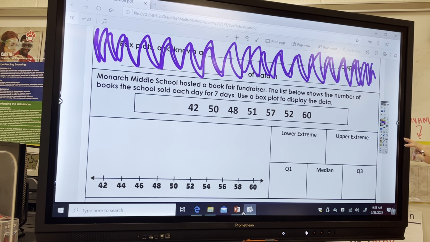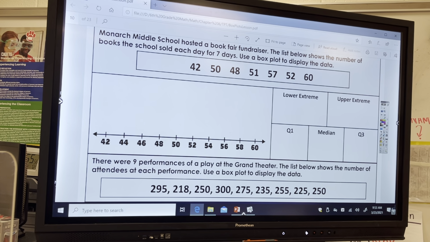The first set of data says Monarch Middle School hosted a book fair fundraiser. The list below shows the number of books the school sold each day for 7 days. Use a box plot to display the data. Now, what do we have to do first for our data? What's the first step? Put the numbers from least to greatest.